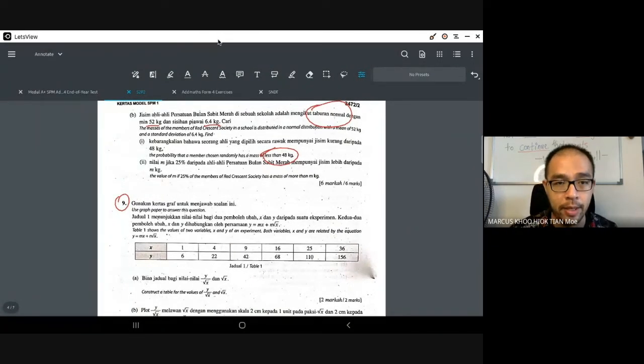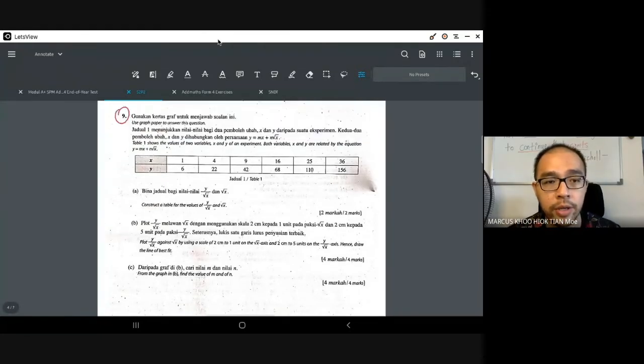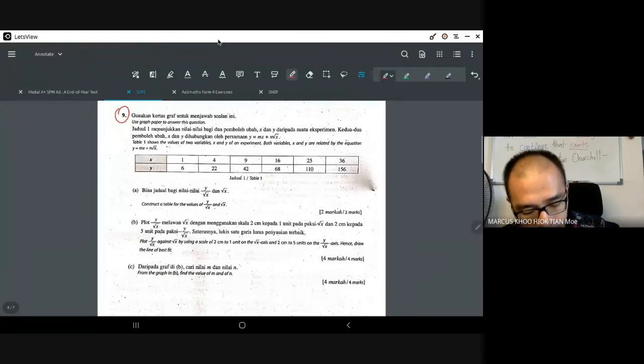Nampak? Can. All right. Okay, I cannot really do much about this linear law, except to remind you that when they give this one, okay, this is a non-linear equation.